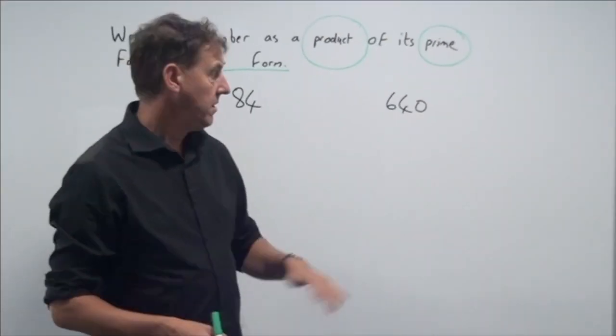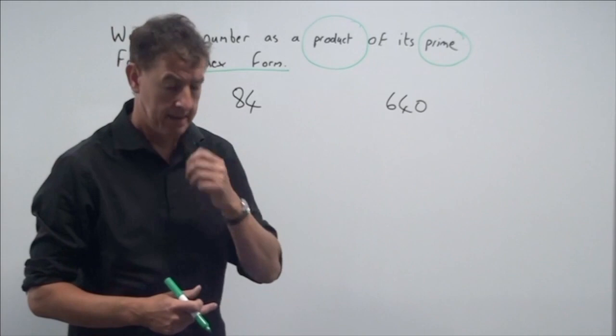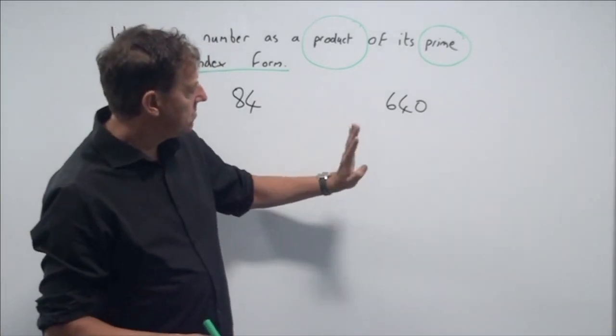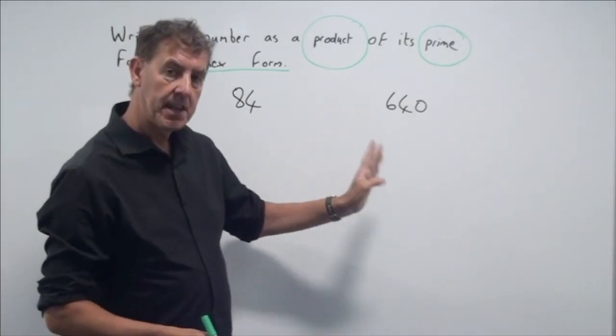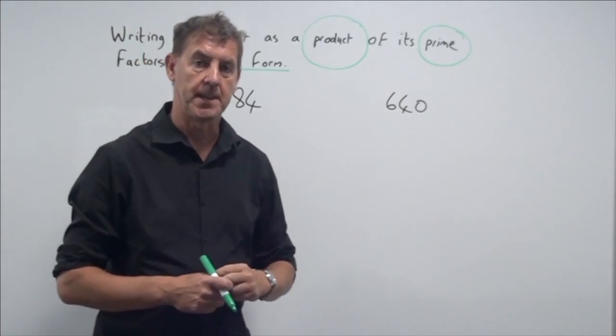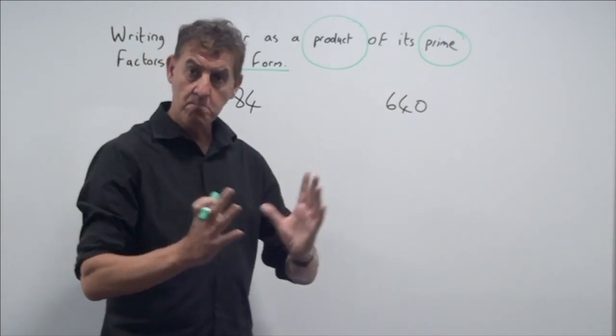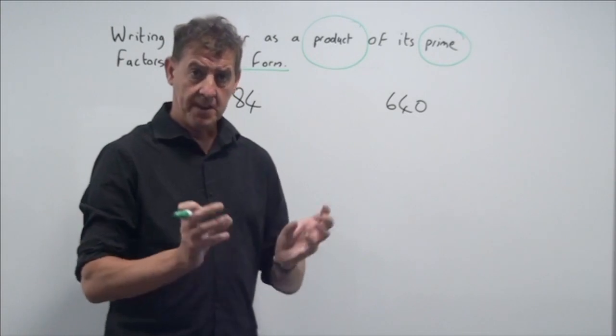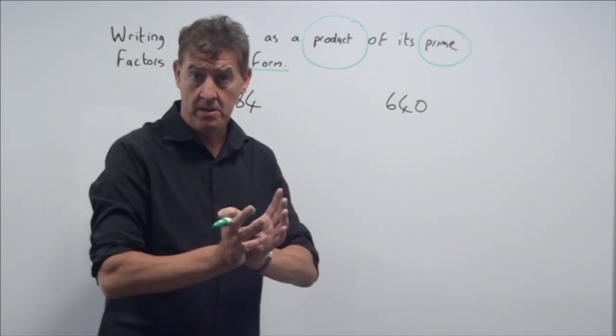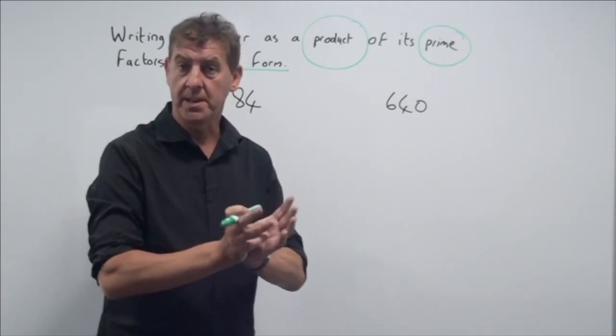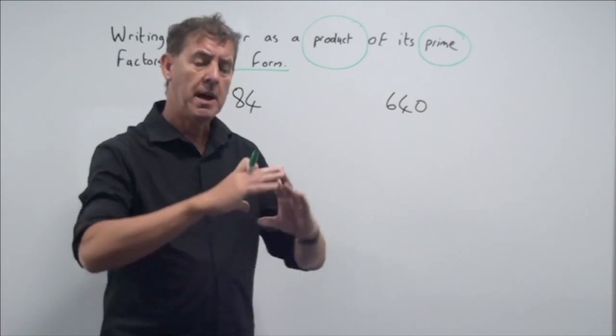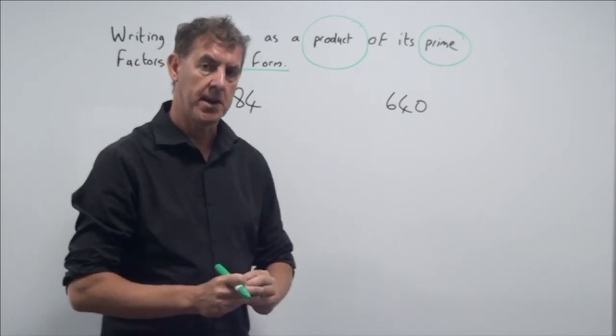We're now going to look at this one, 640. Again we need 2 numbers that multiply together to make 640. A little tip: if the number is quite big, and you can get two numbers close together that multiply to make it, things break down a bit quicker.